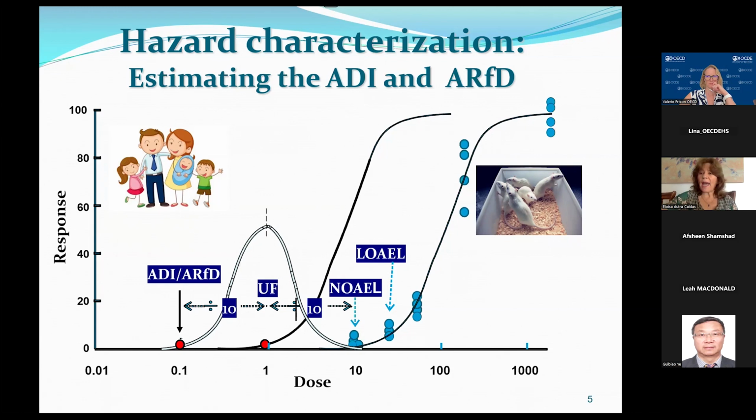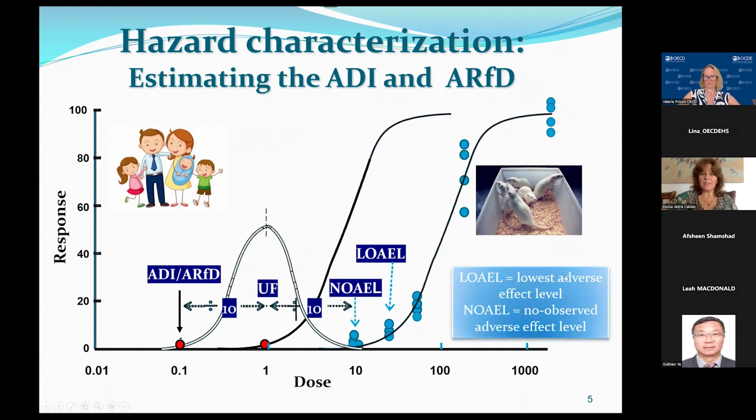So you don't need the first uncertainty factor, because you just have to extrapolate from human to human, to take care of the most sensitive subpopulation of the human population. So that's basically, in a very summarized way, how we derive the ADI and the acute reference dose from animal studies. Next slide, please.